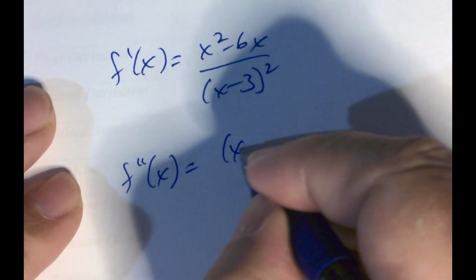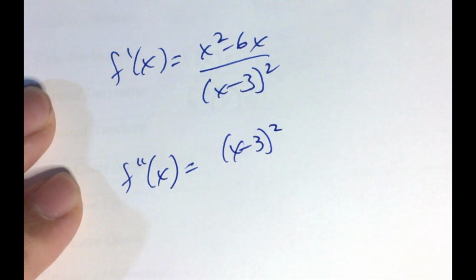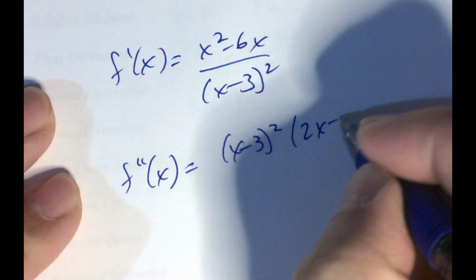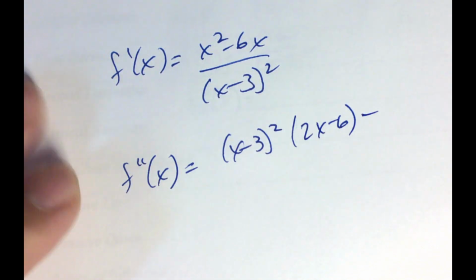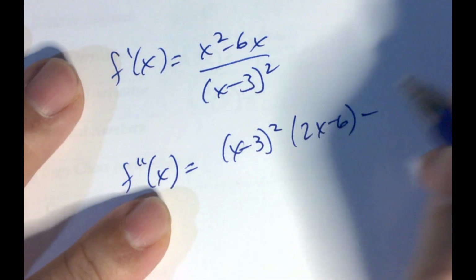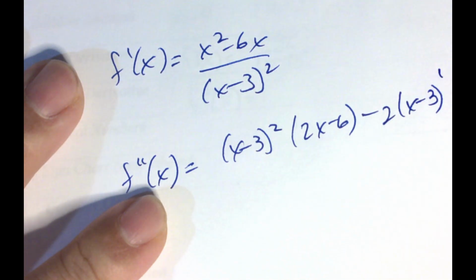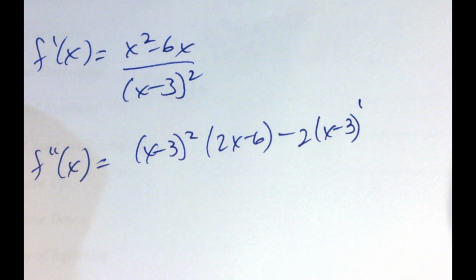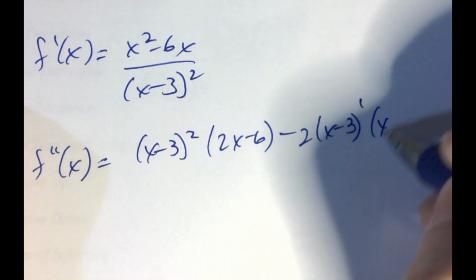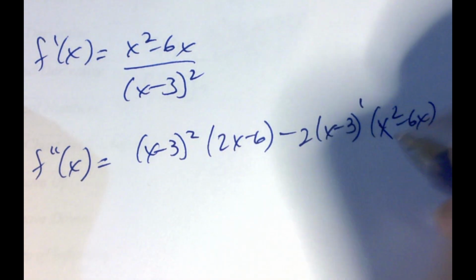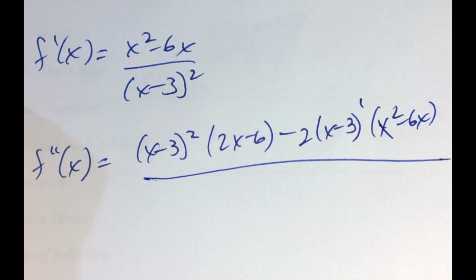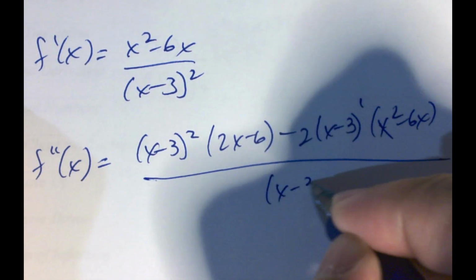So it's x minus 3 squared times the derivative of the numerator, so it's 2x minus 6, minus the derivative of the denominator, which would be 2 times x minus 3 to the first times the derivative of x minus 3, which is 1, times the numerator, which is x squared minus 6x, over the denominator squared, so it's x minus 3 to the fourth.